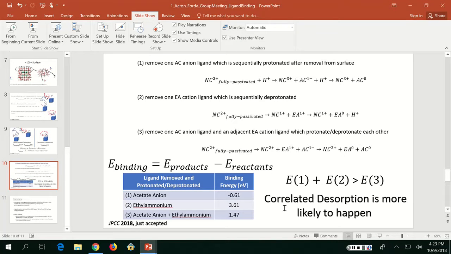Maybe when you calculate the binding energy for the acetate ion and ethyl ammonium together, correlated, the binding energy is pretty small because you separate the whole system plus the counter ion together. But before that, the ligand interacts with the surface and the other counter ligand as well.